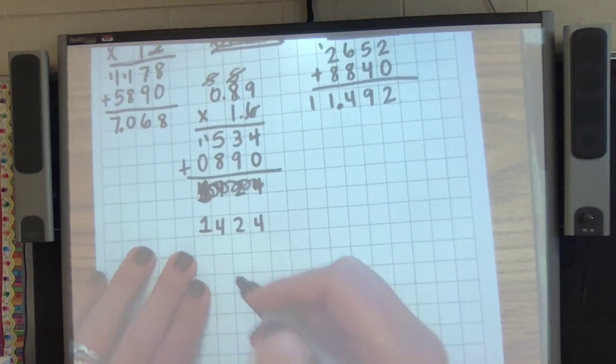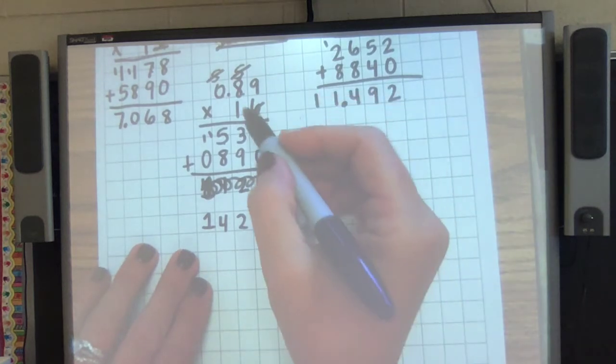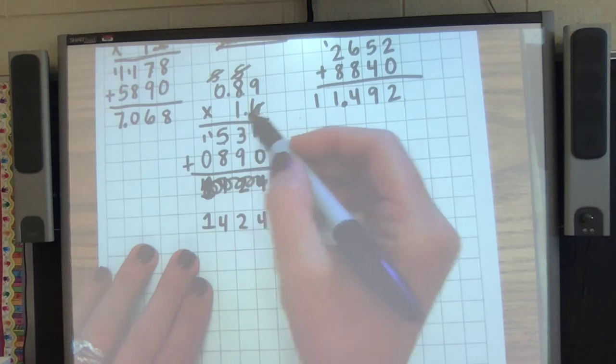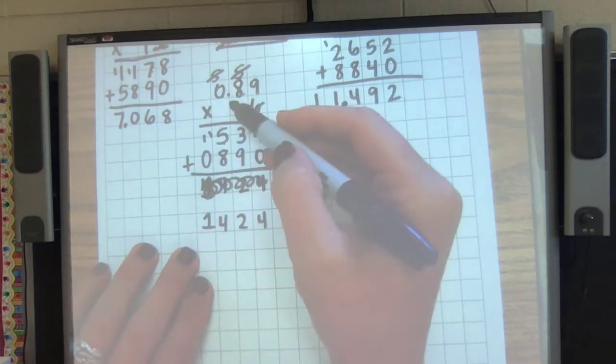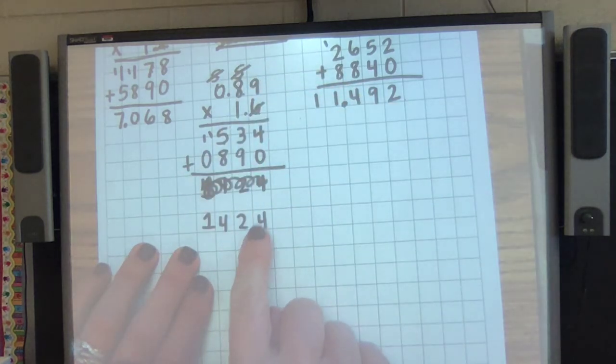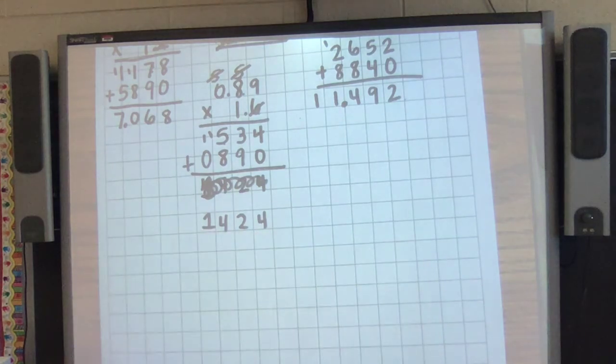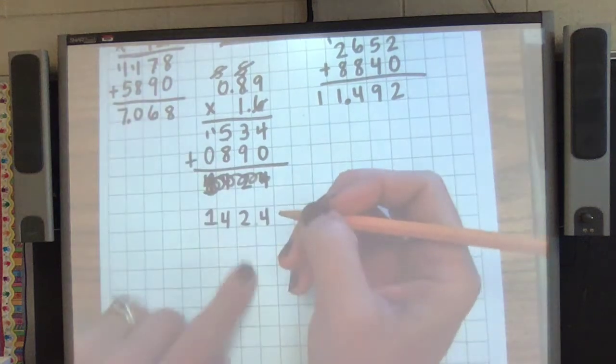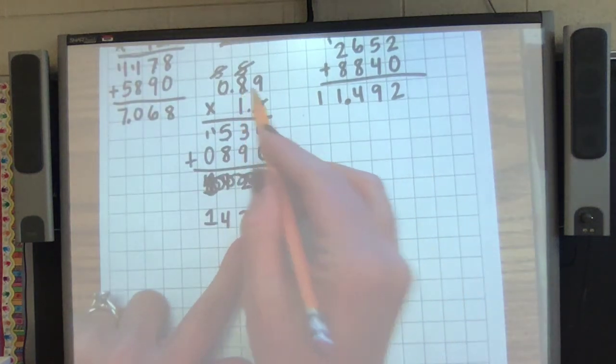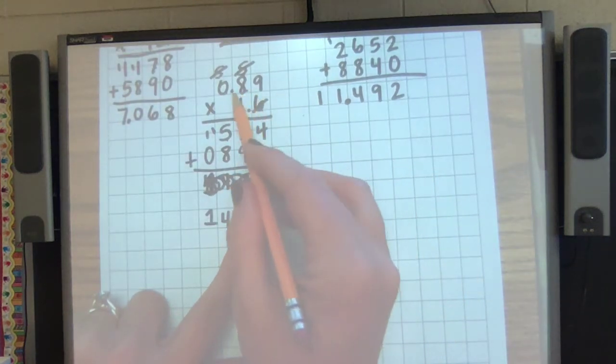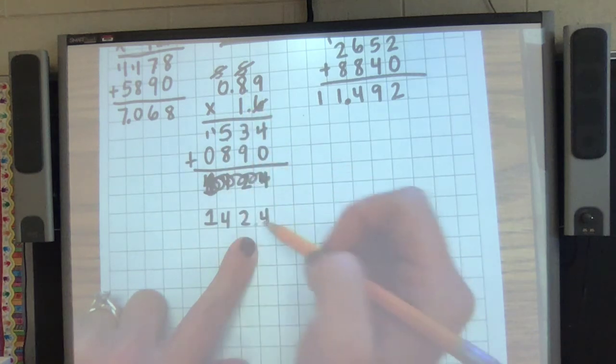Where's my decimal going to make sense? I had something less than 1 and I multiplied it by 1 6/10. So I know it's going to be bigger than 89 cents, but would it be, and I'm just pretending with my decimal, let me do it with a pencil, if I put it here, that's $142. Do I think 89 cents times 1 6/10 is going to be 142?